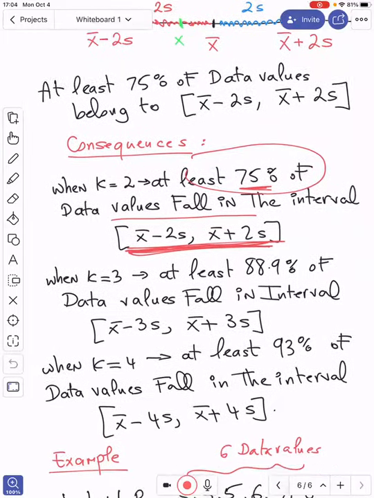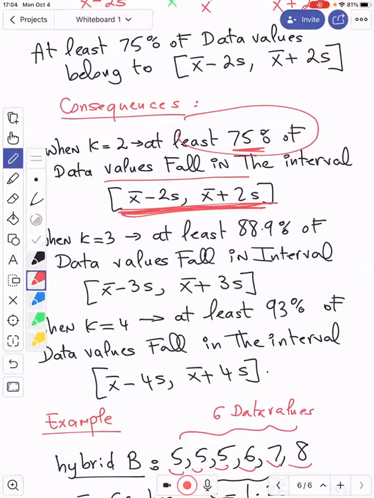As you can see, when k is 2, the theorem predicts that at least 75% of the values are going to fall in this interval. The percentage is going to be given in the problem, in the homework or wherever.